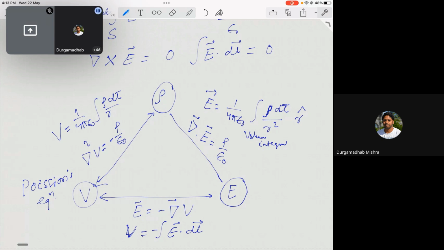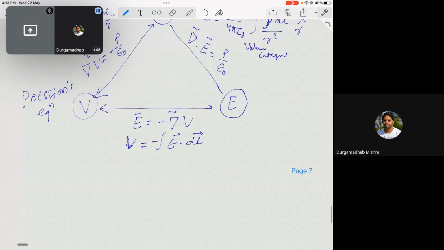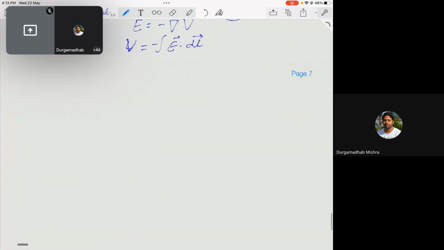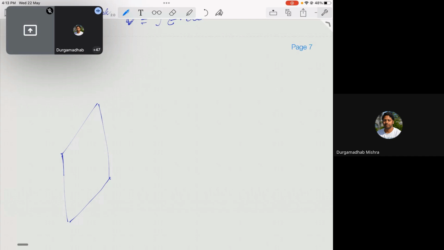So we will start with a charge distribution: let's say I have a sheet which has a positive charge distribution.